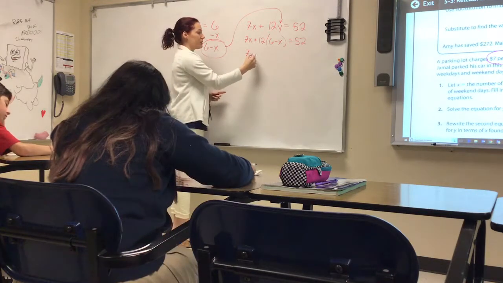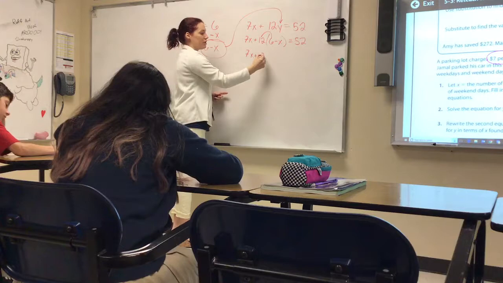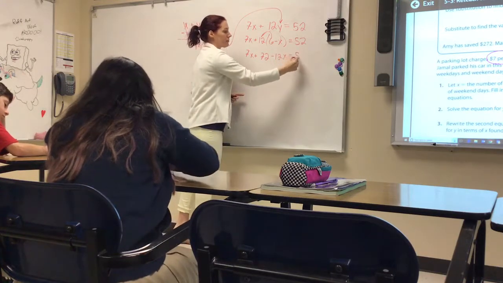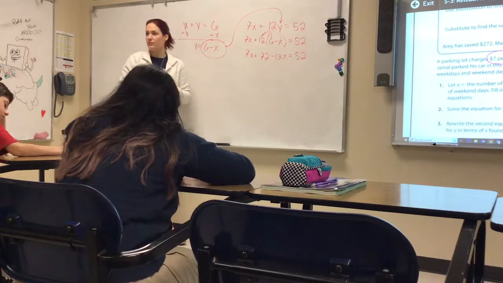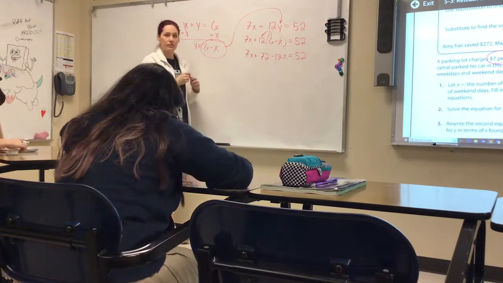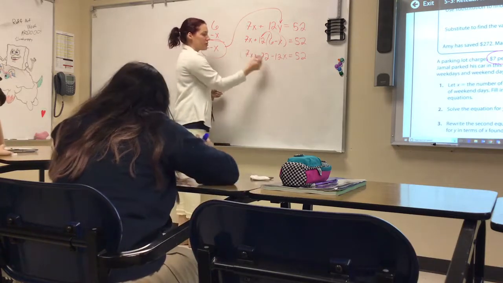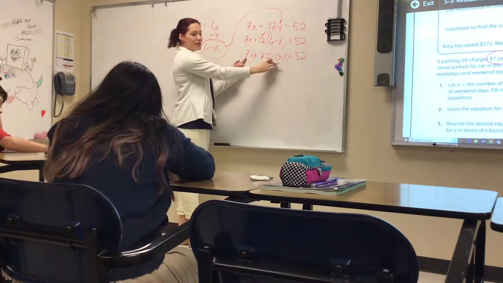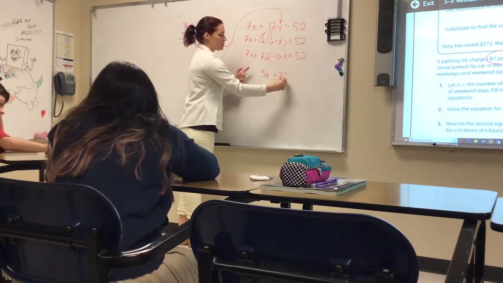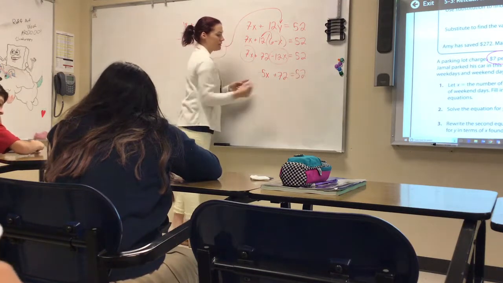Okay, so we get 7x plus 72 minus 12x. We've got like terms here. 7 minus 12 is negative 5x, plus 72 equals 52.